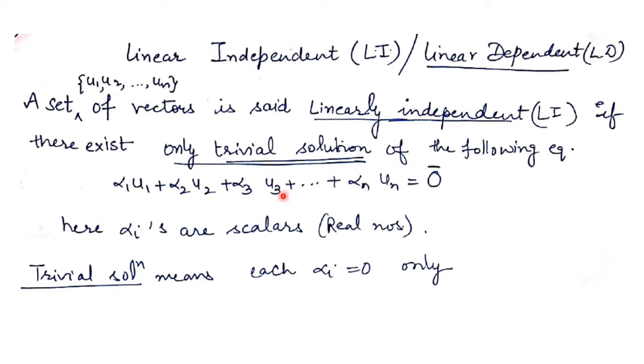So 0 is always a solution, right? In case of linearly independent, if only the 0 solution exists, only the trivial solution exists, then this set is said to be linearly independent, right? Trivial solution means each alpha i is 0 only, right? So if each alpha i is 0, only 0, then this set is a linearly independent set.